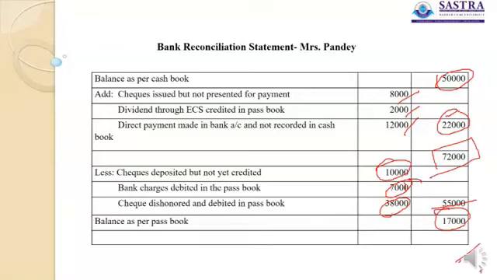See, once the checks are issued but not presented for payment, they will definitely be entered as a payment in the cash book, whereas not being presented for payment keeps the bank balance constant. And dividend through ECS credited in the passbook.